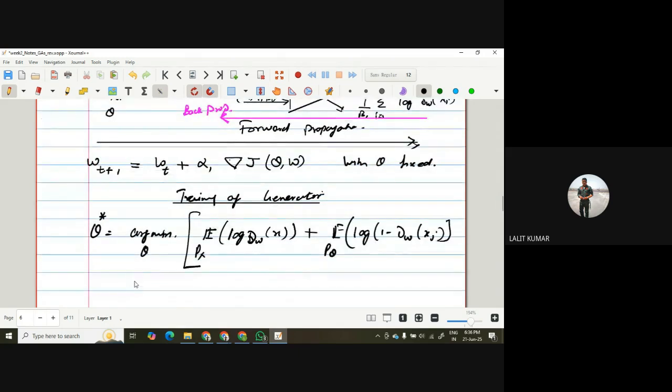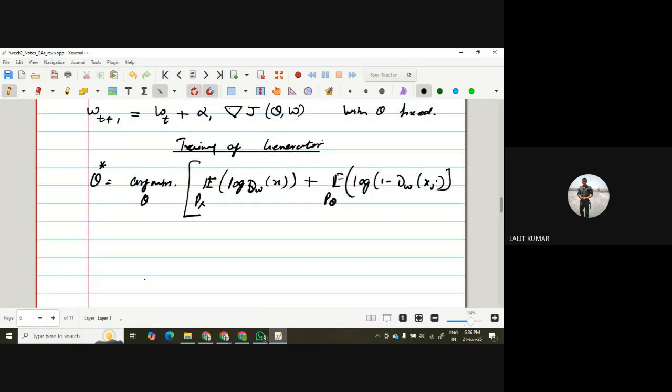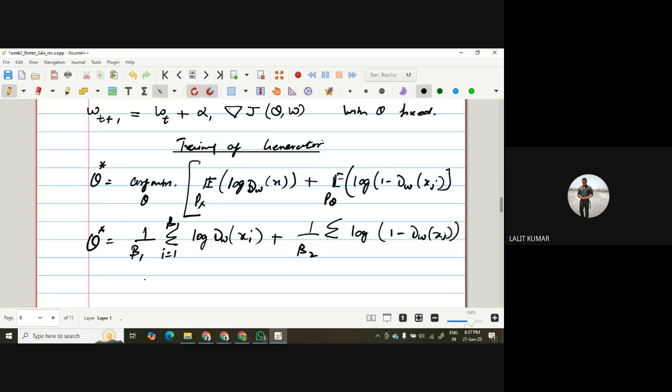Now see, this theta star I can also write as 1 by beta 1 summation of log D_W of x_i, where x_i comes from the actual data points up to beta 1, plus 1 by beta 2 summation of log 1 minus D_W of x_j, where this j comes from your generator up to beta 2.